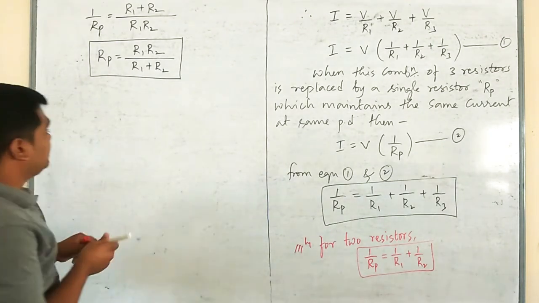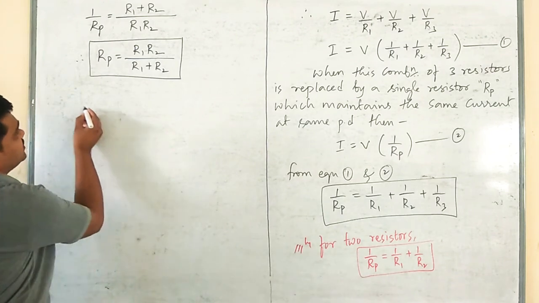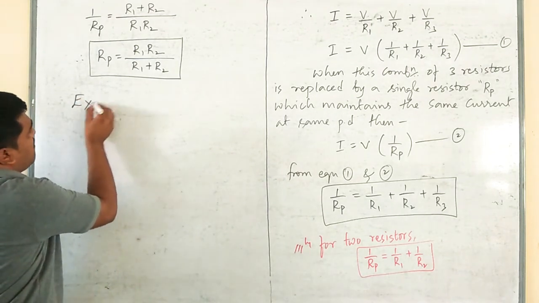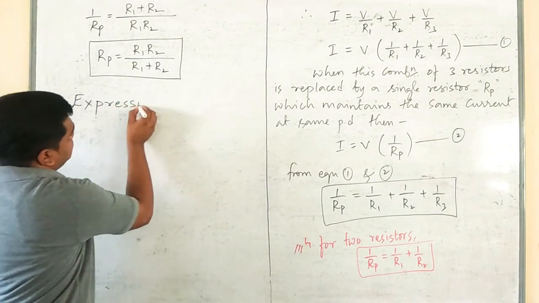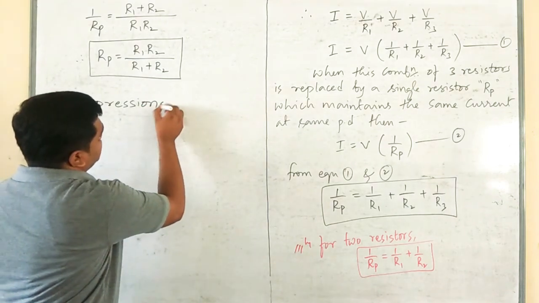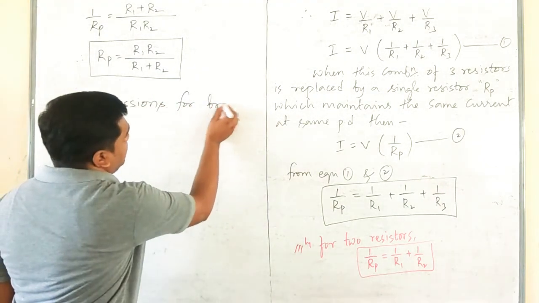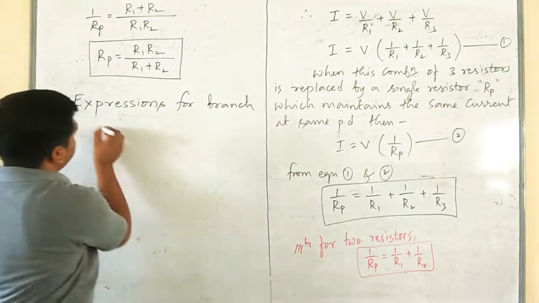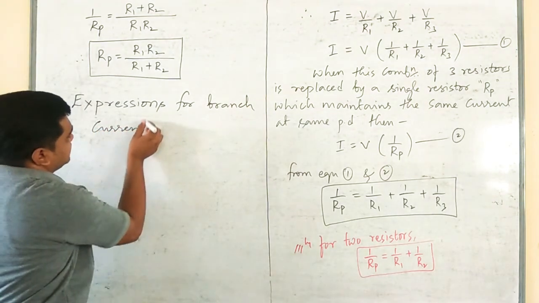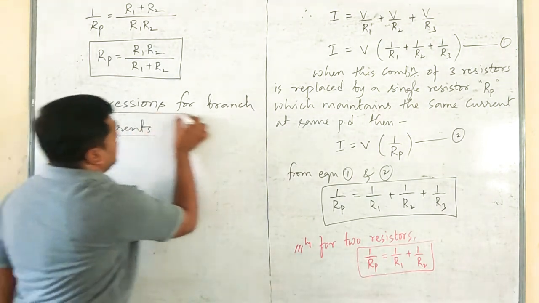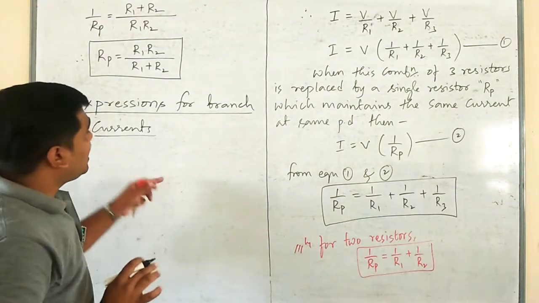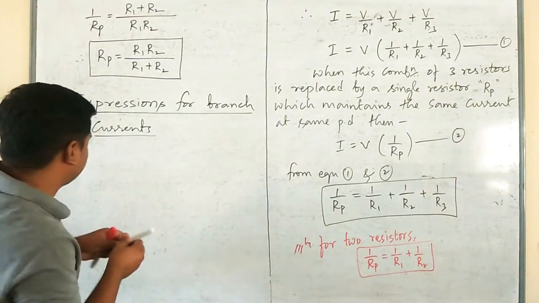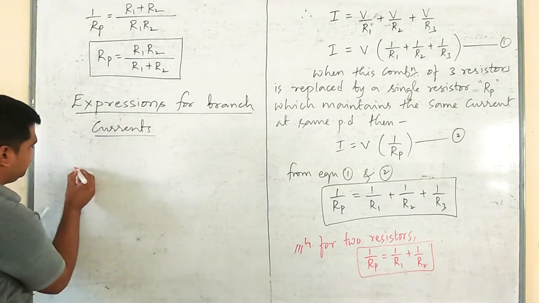Next, I will give you the expressions for branch currents. Which are the branch currents here? I is the main current, I1 and I2 are the branch currents. See, like this.